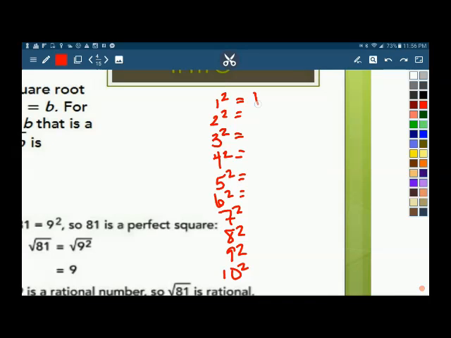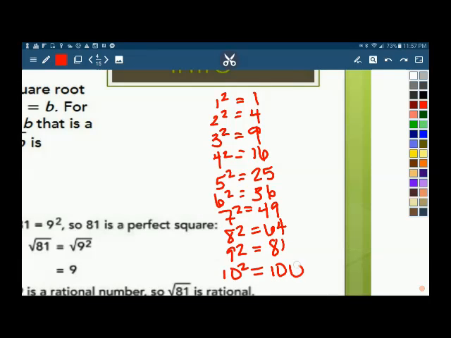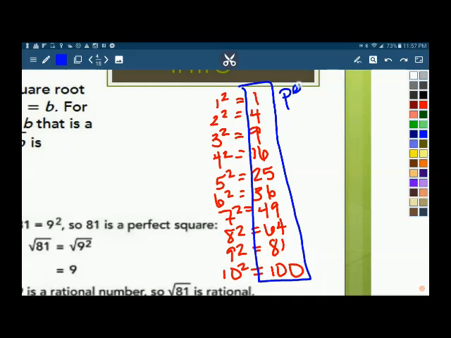So 1 squared is 1, 2 squared is 4, 3 squared is 9, 16, 25, 36, 49, 64, 81, and 100. All of the numbers in this column, those are the perfect squares.